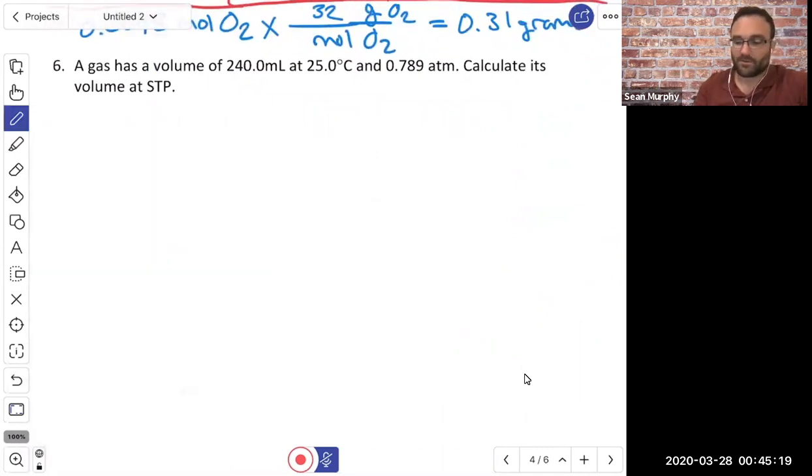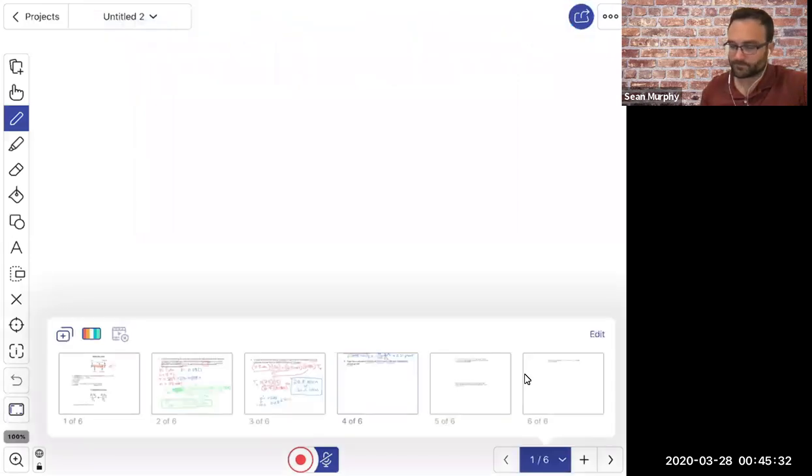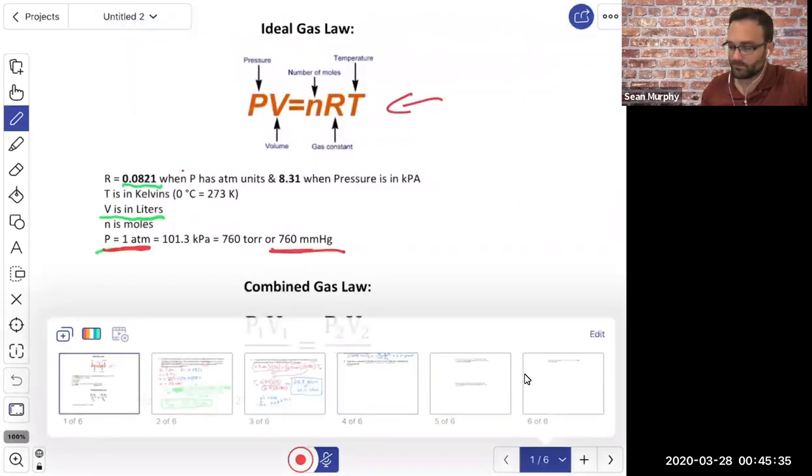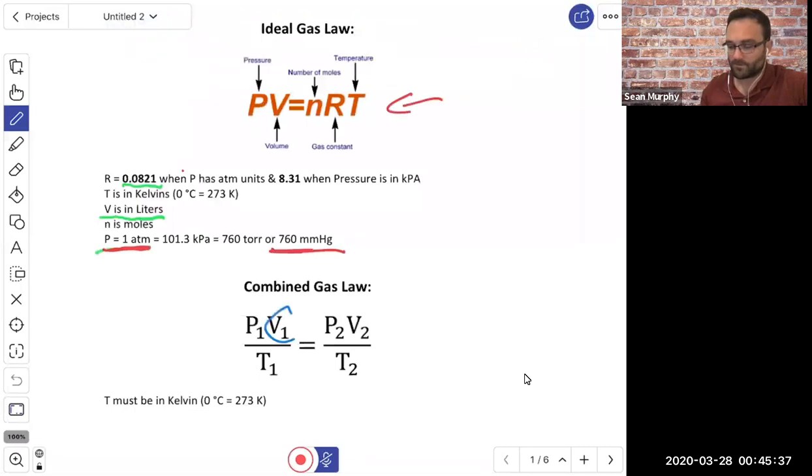A gas has a volume, there's our volume, we have a temperature, we have an atmosphere. Calculate. Wait a tick, there's 2 volumes. If there's 2 volumes, then we're going to use the combined gas law formula.